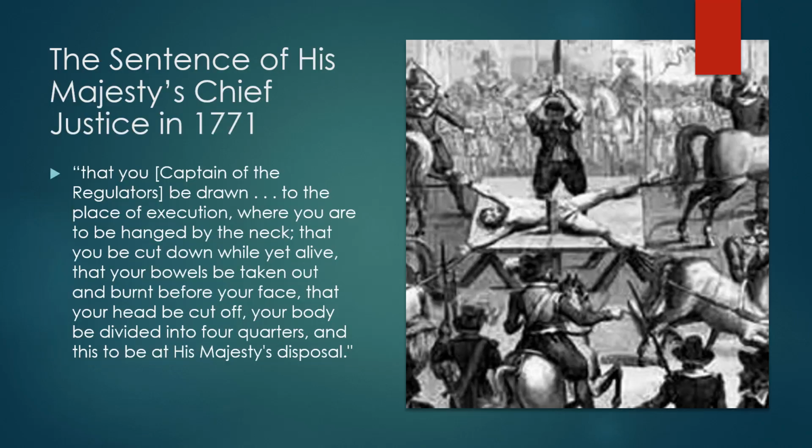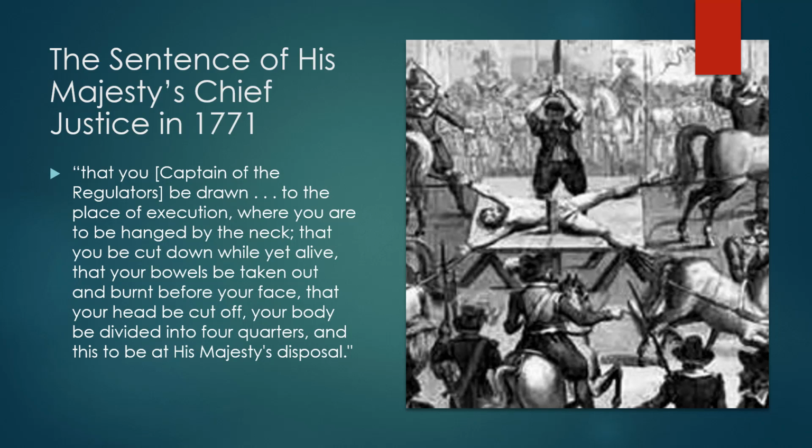This next slide is the sentence of His Majesty's Chief Justice in 1771. There was a kind of revolt in North Carolina, and the Chief Justice, who was still an Englishman, passed this sentence, this punishment, that you, the captain of the regulators, they were the people that raised the revolt, be drawn to the place of execution, where you are to be hanged by the neck, that you are cut down yet well alive, that your bowels be taken out and burnt before your face, that your head be cut off, your body be divided into four quarters, and this to be at His Majesty's disposal.